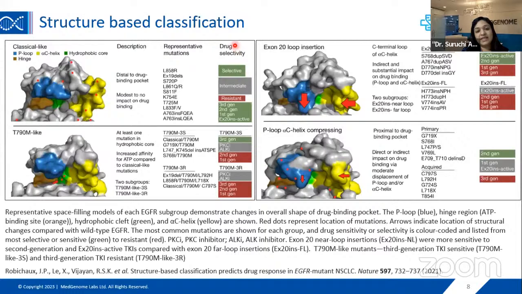And here you can see the drug selectivity differs based on the category of the mutation, which are categorized based on the position of the drug binding pocket.